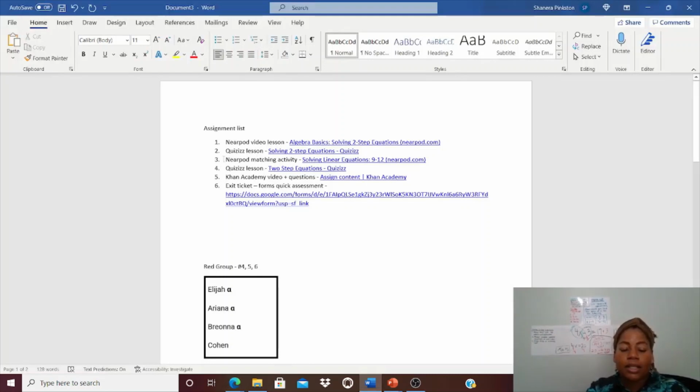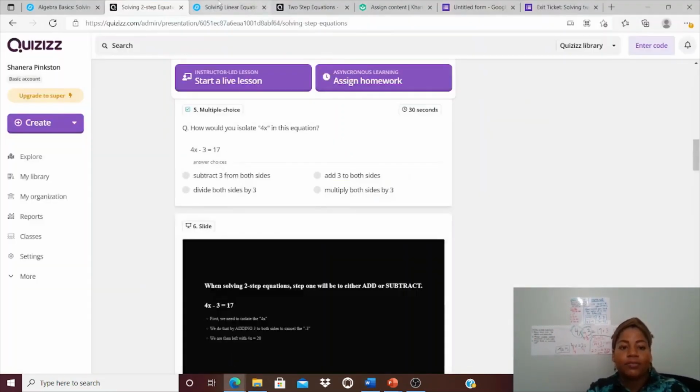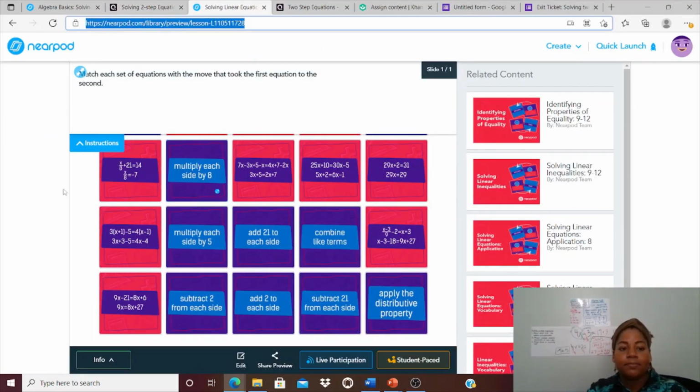Assignment number 3 is a Nearpod matching activity. In this activity, they are matching steps with the appropriate equation, for example, multiply each side by 8. It says match each set of equations with the move that took the first equation to the second step.